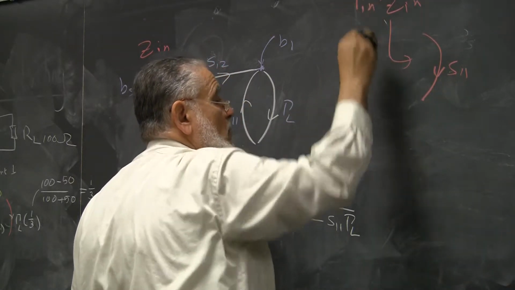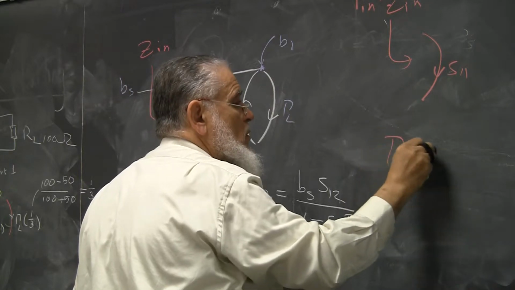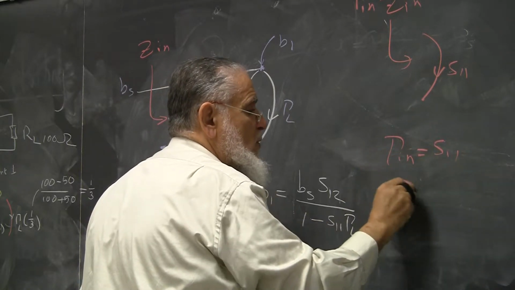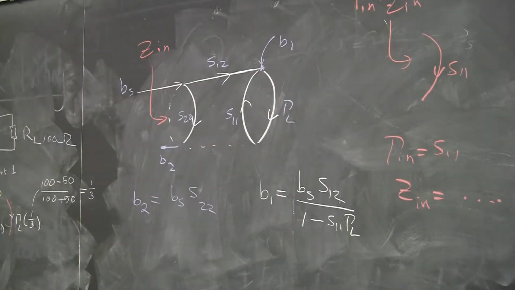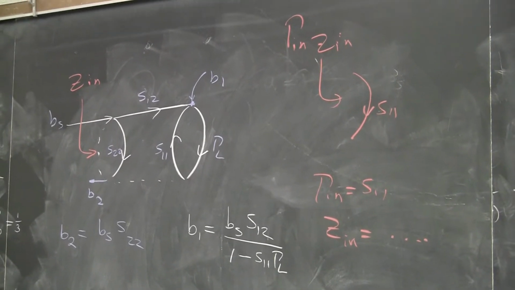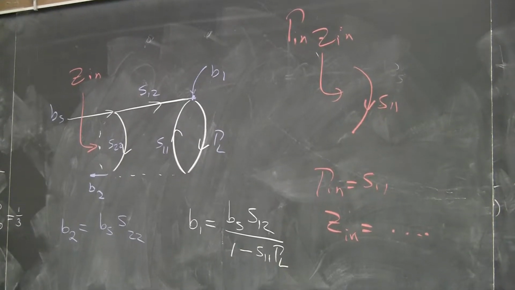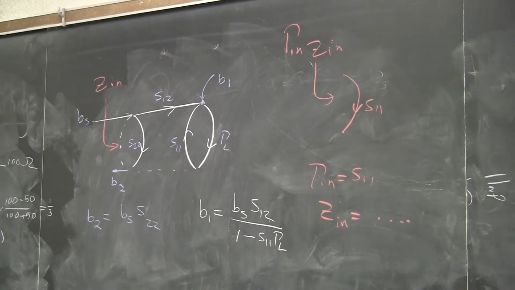Gamma input is equal to S11, and therefore Z input is equal to S22, my apologies.